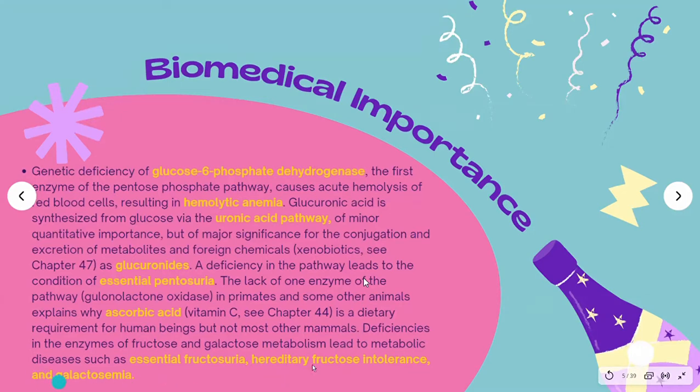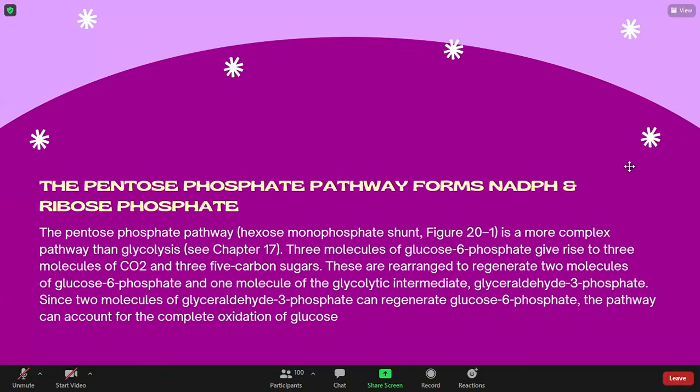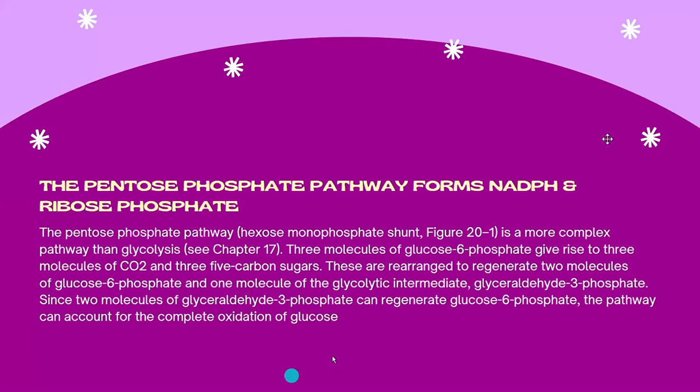Now, of course, they are genetic disorders because enzymes are insufficient or absent. Okay? All right, now let's go to the pentose phosphate pathway. This pentose phosphate pathway forms NADPH and ribose phosphate.